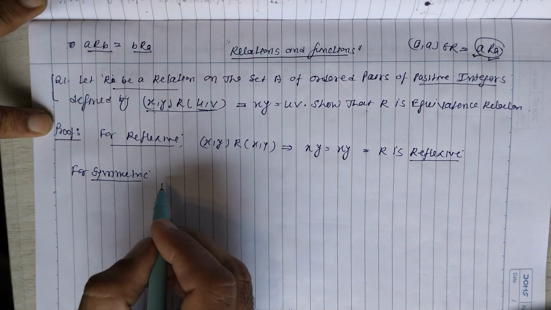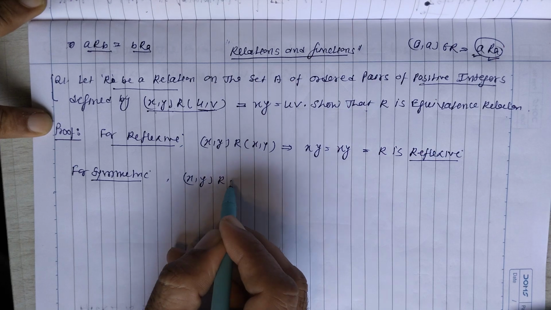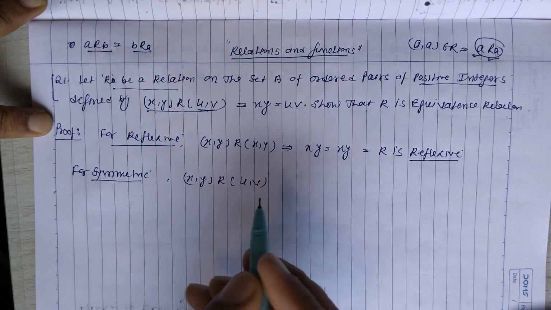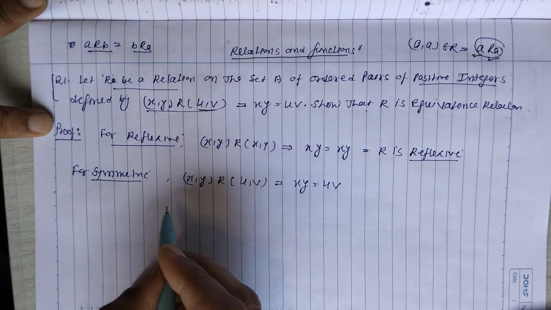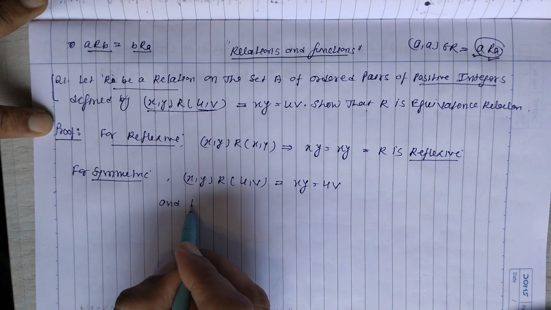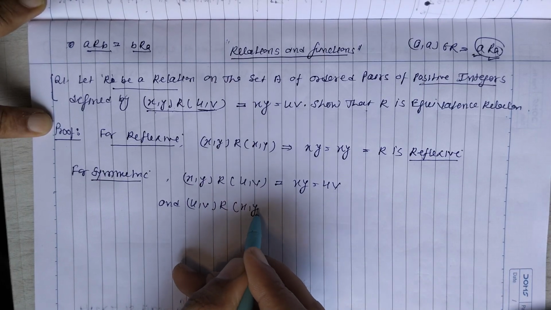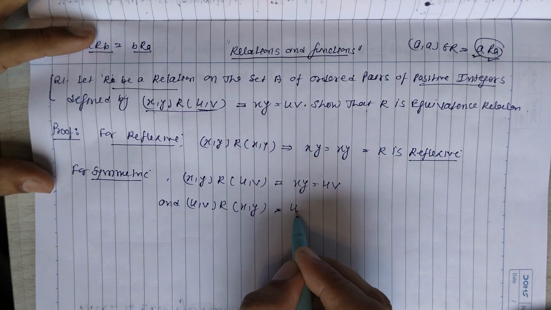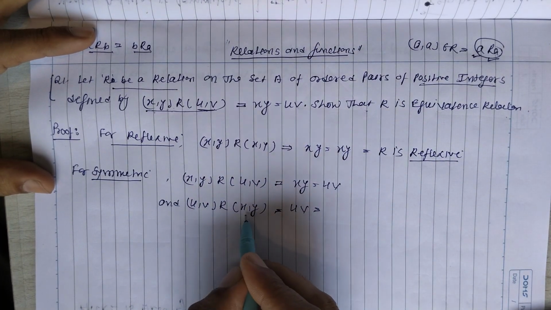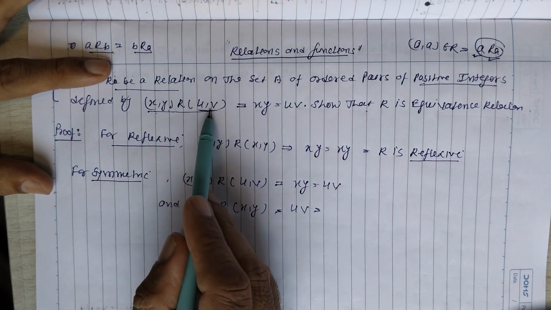So therefore, we will write first (x, y) related (u, v) and replace the order, B related A. So u into v is equal to x into y, because x comma y can be written as xy and u comma v as uv.